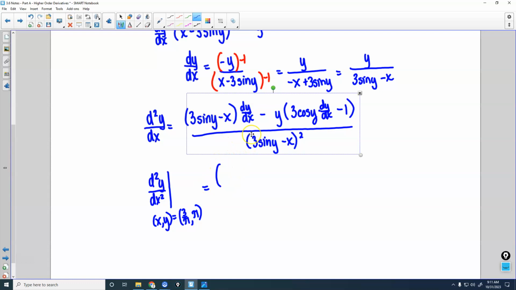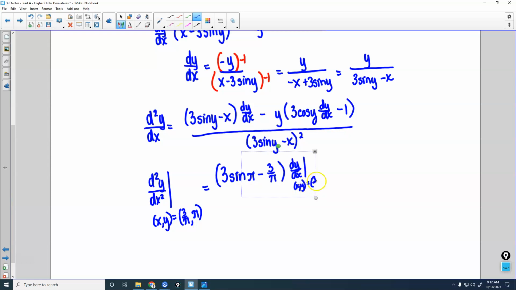Make sure you've got your parentheses right because it matters big time. We've got 3 sine of pi minus x, which is 3 over pi. Now, dy dx is also going to have x, y is 3 over pi, pi.